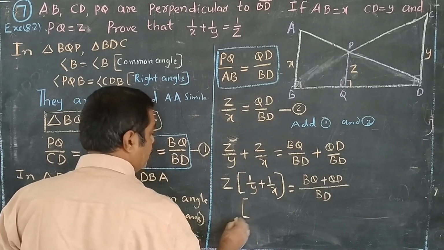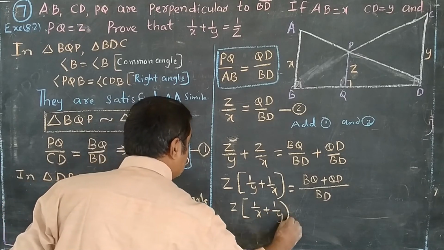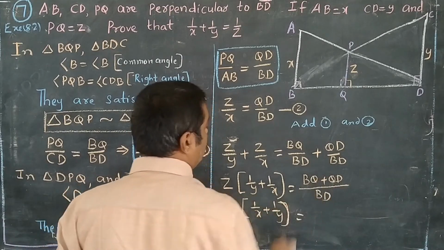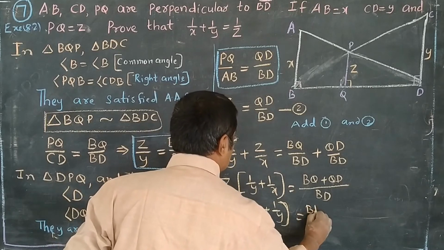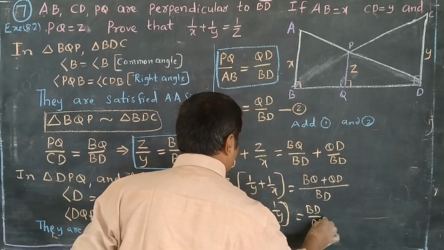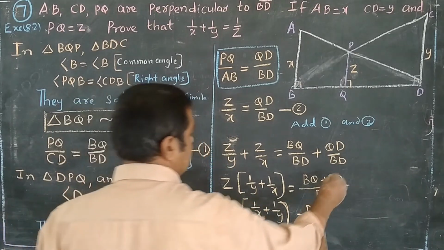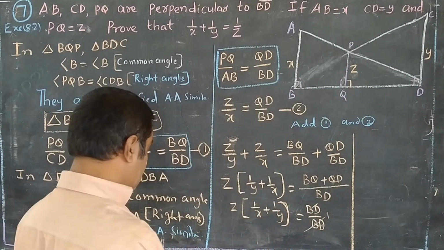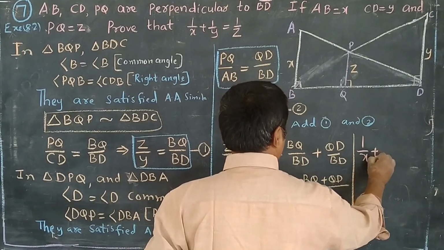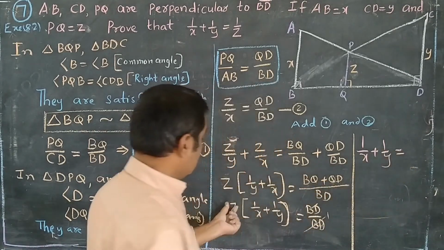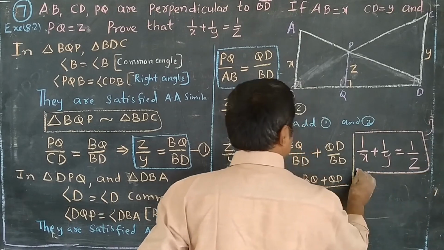So Z of 1 by X plus 1 by Y is equal to BQ part plus QD part, total is BD part, so BD by BD. When we cancel, we get 1. Z shifted to the other side. So what do we get, sir? 1 by X plus 1 by Y is equal to 1 by Z. Hence proved.